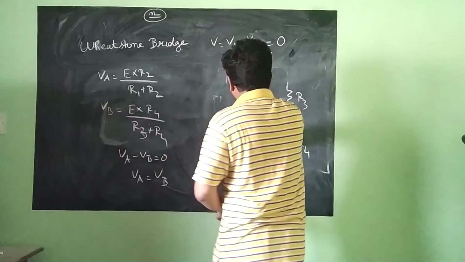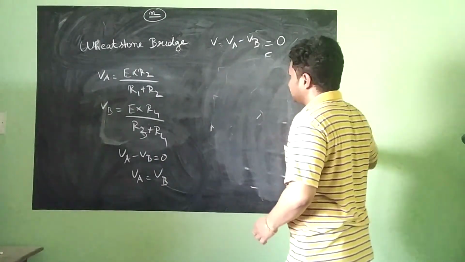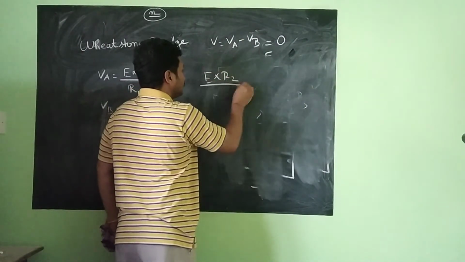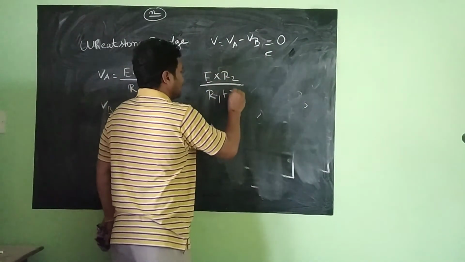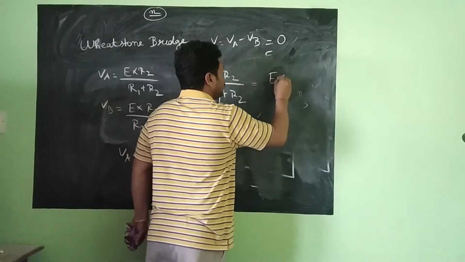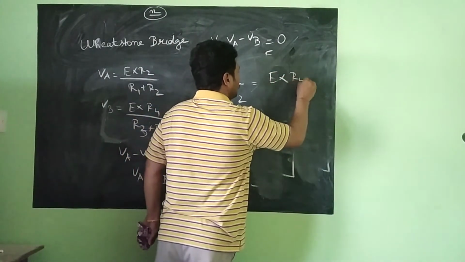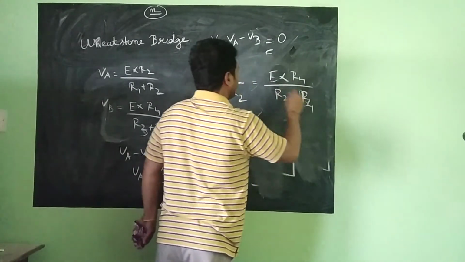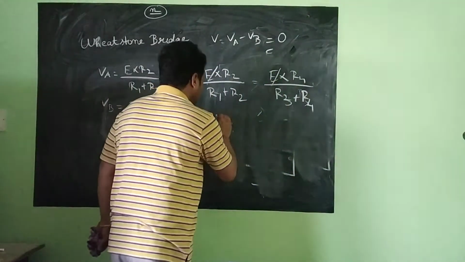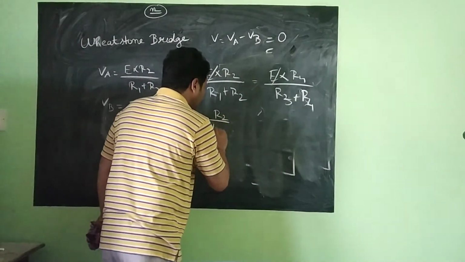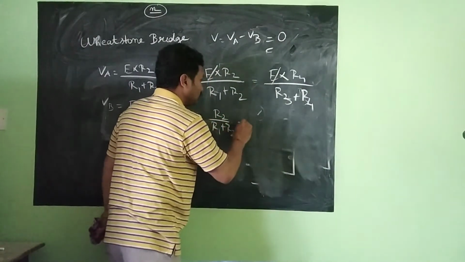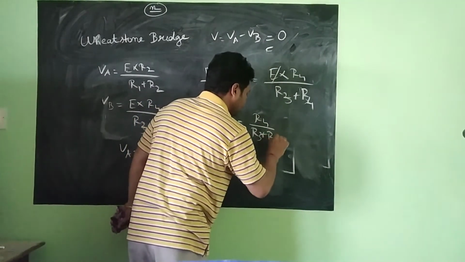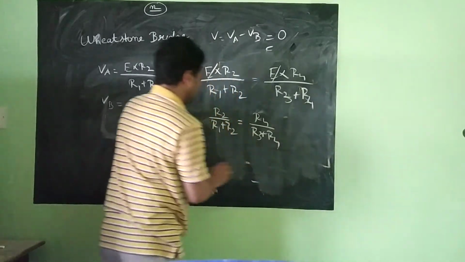Now substituting the relations, E into R2 by R1 plus R2 equals E into R4 by R3 plus R4. Now cancelling E, we get R2 by R1 plus R2 equals R4 by R3 plus R4.